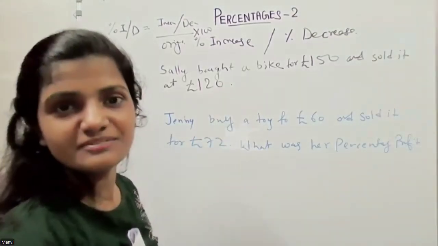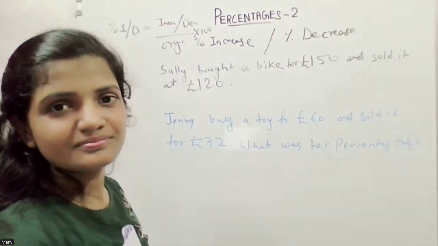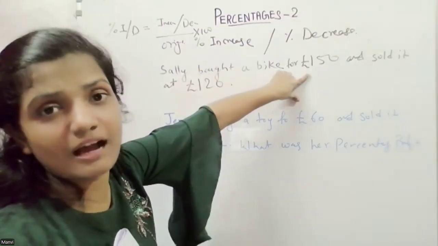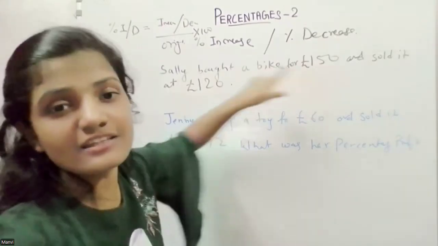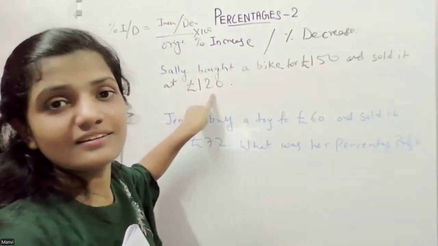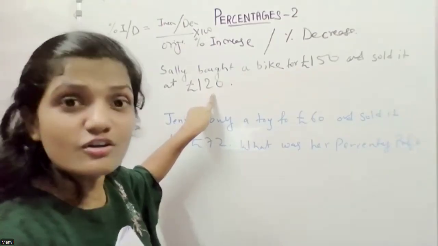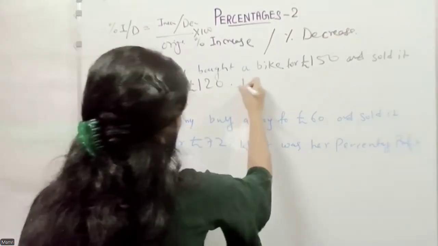Is it profit? She bought at 150 and sold at 120, so she left it down. Loss. Yeah, loss. So what was her loss percentage?